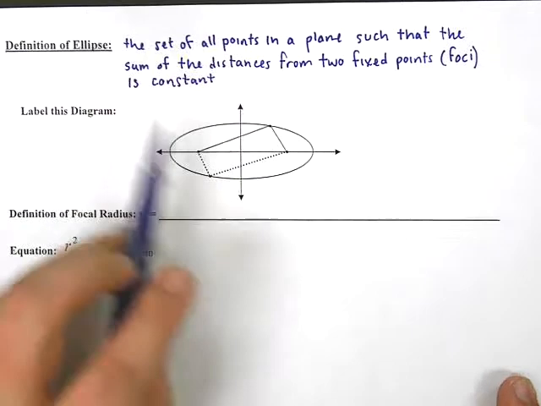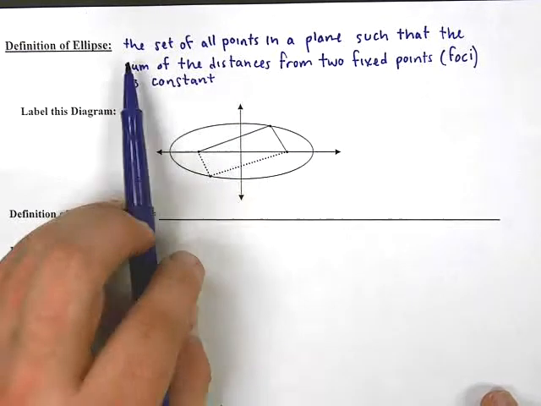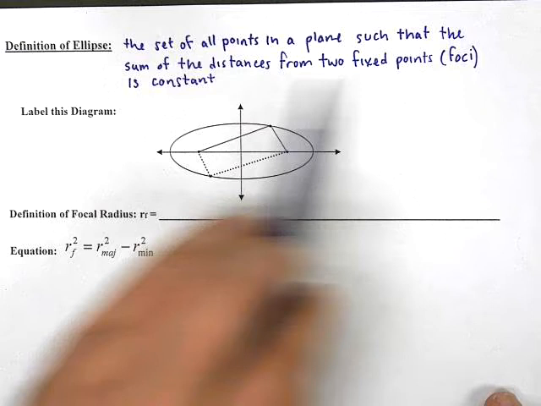All right? The set of all points in a plane such that the sum of the distances from two fixed points is constant, okay?